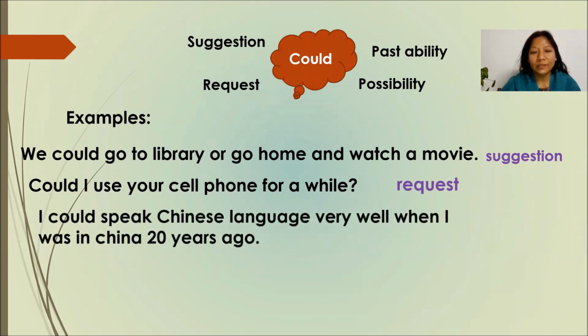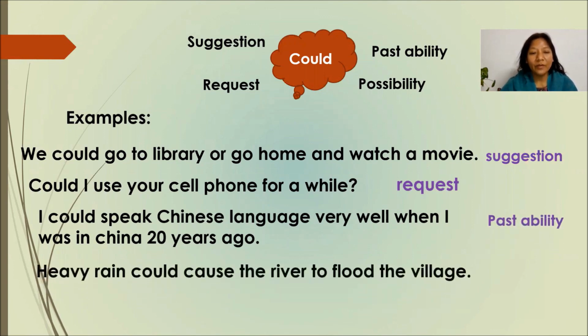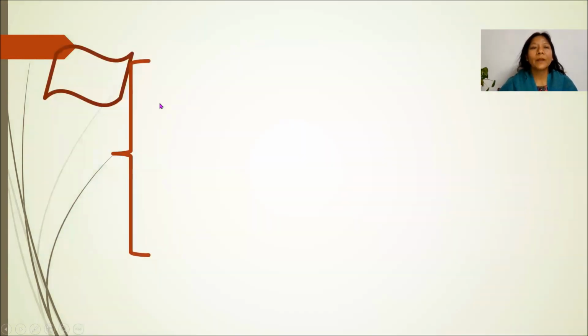And I could speak Chinese very well when I was in China 20 years ago. This is the past ability, okay? And heavy rain could cause the river to flood the village. This is possibility, okay? So could is used to express suggestion, request, possibility, past ability.